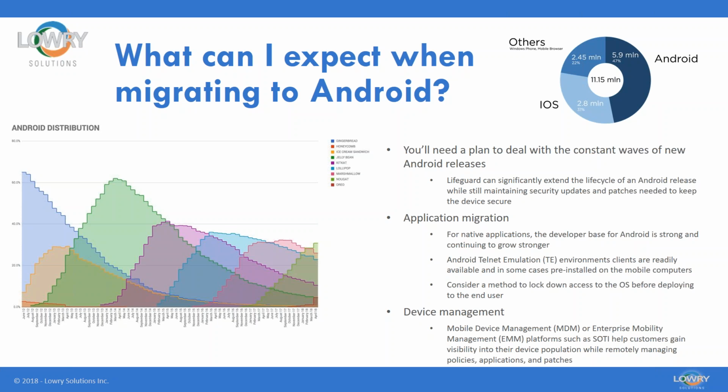Kevin touched on it a little bit earlier, but Zebra addressed this with LifeGuard. When Google releases a new dessert release, they're only guaranteeing that previous release for 36 months, which is pretty good in the consumer space. In the rugged space, we're more accustomed to five years, sometimes longer. So what LifeGuard will let you do is bridge that gap.